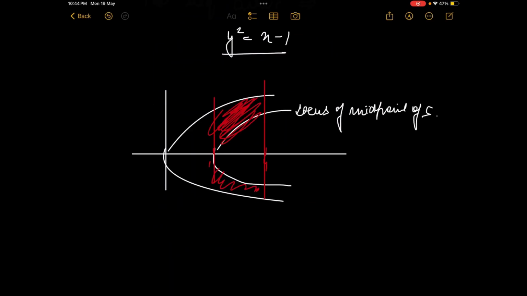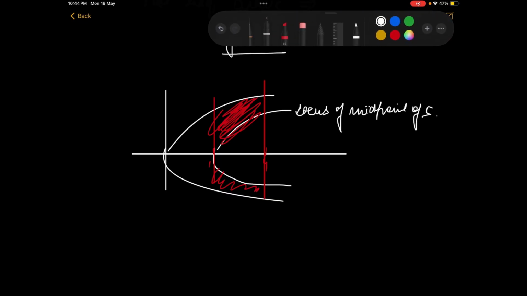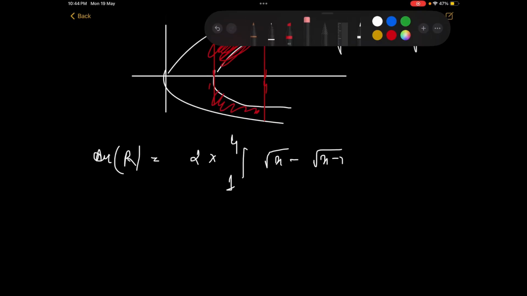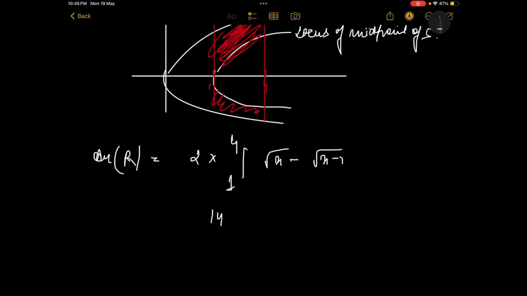Now, the required answer for this question, the region of area R, is nothing but 2 times the integral from 1 to 4 of (root x minus root of x minus 1), which on integration yields 14 over 3 minus 2 root 3.